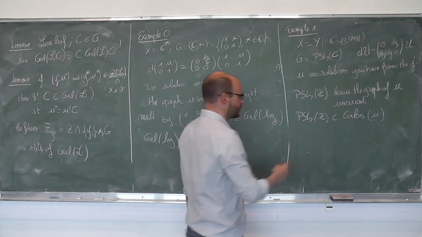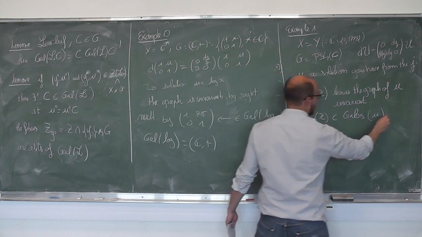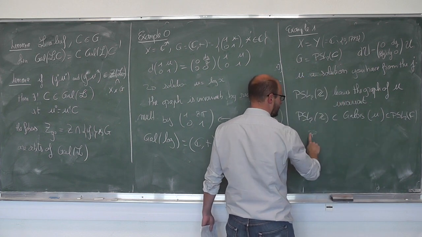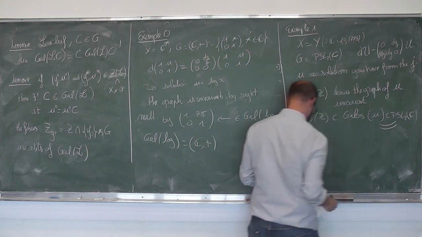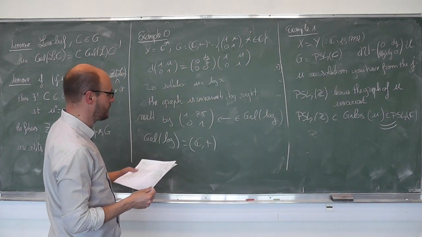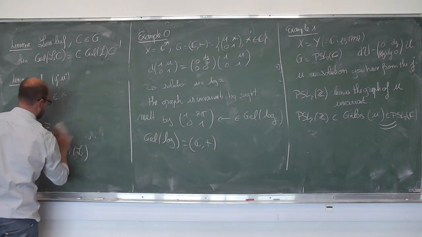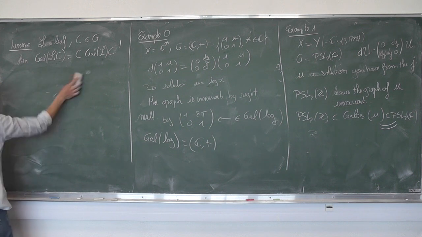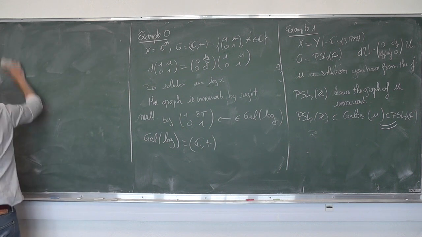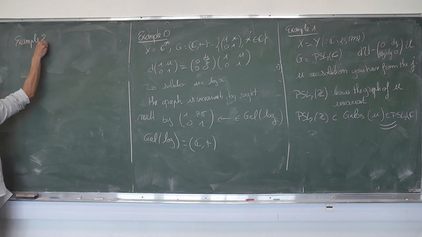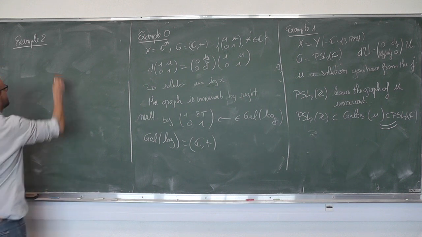Now you take the Zariski closure. This is Zariski closed. This is included in PSL2 of C, so it must be equal. Yeah. And the third example, which is example 2, the product case.